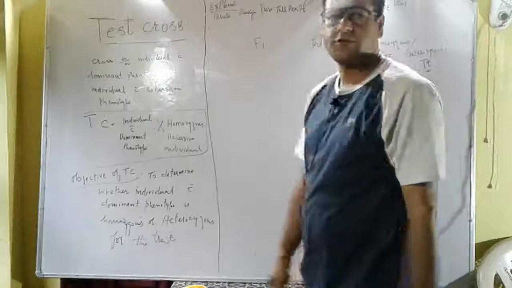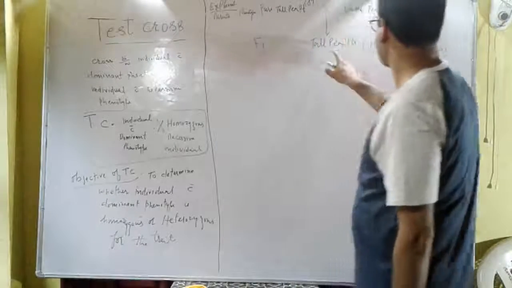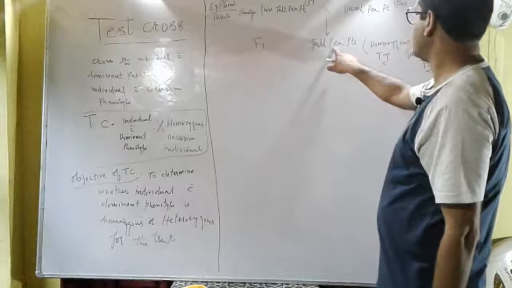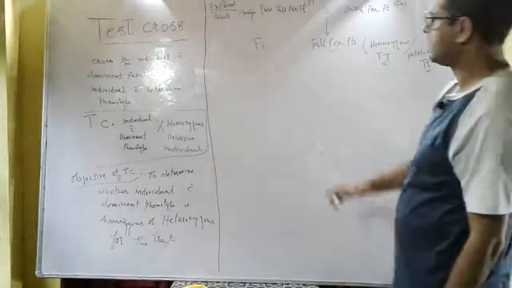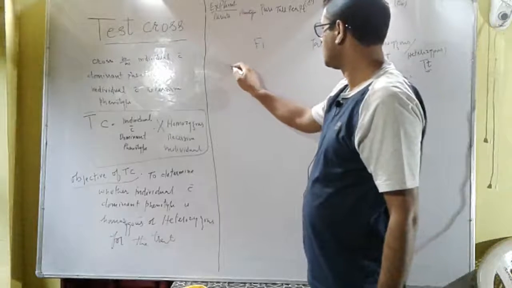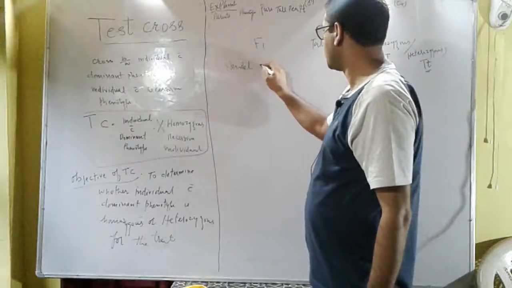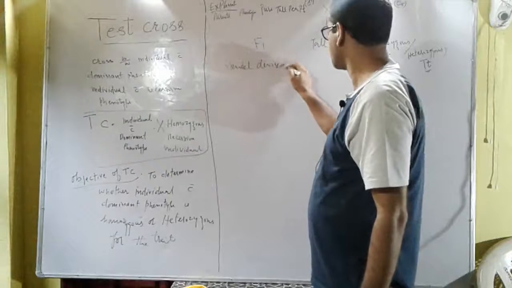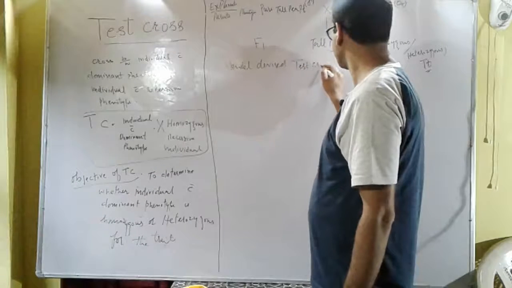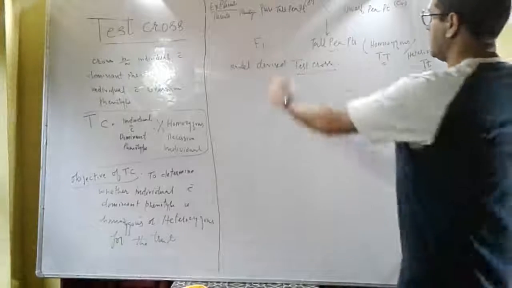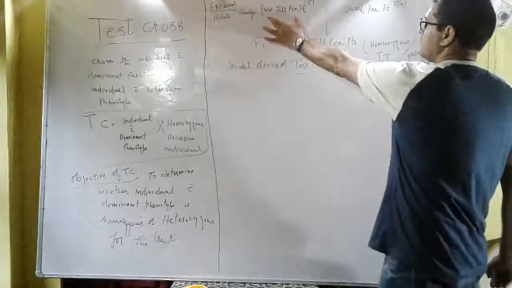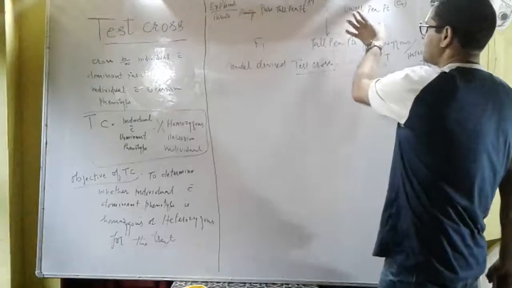Then how do we determine whether the individual with the dominant phenotype is homozygous or heterozygous? So Mendel devised the test cross. Mendel crossed the pure tall pea plant with the dwarf pea plant.